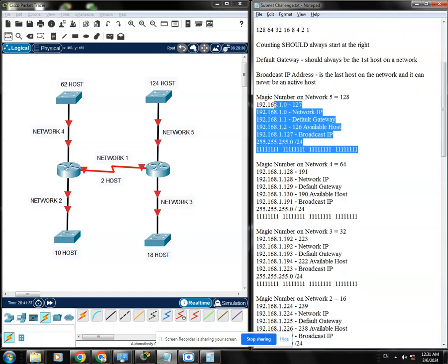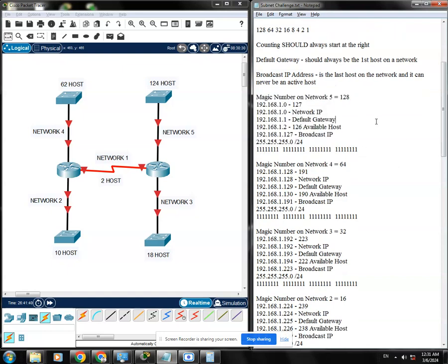On this network 5, remember that we use the magic number 128, correct? This is the pattern. So looking at this subnet mask, 255.255.255.0/24, this is a class C, a classful subnet mask.